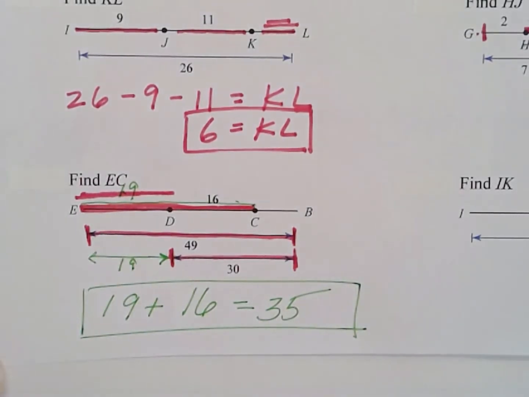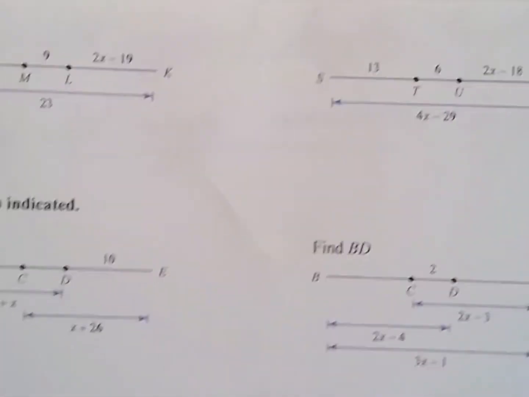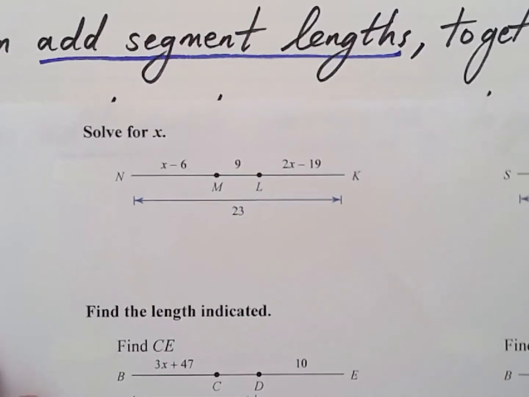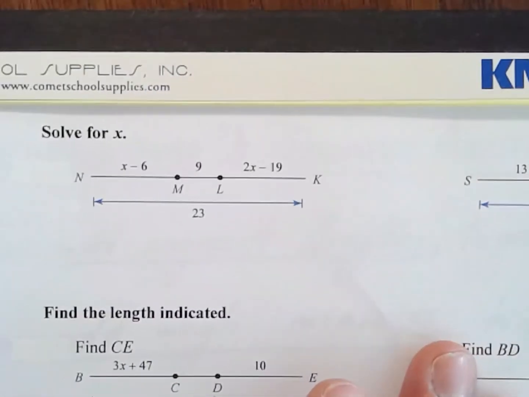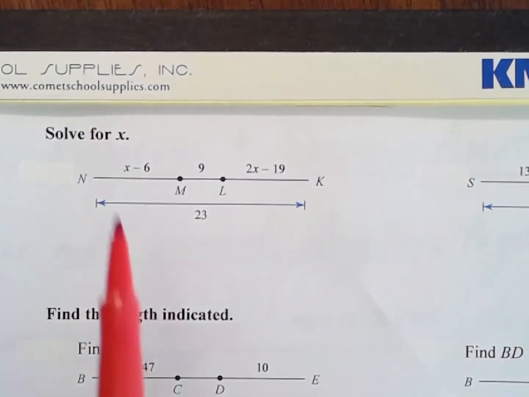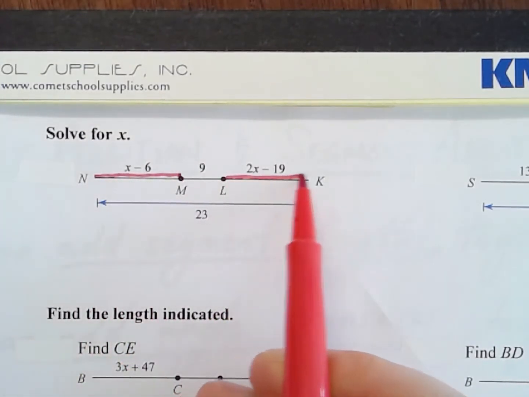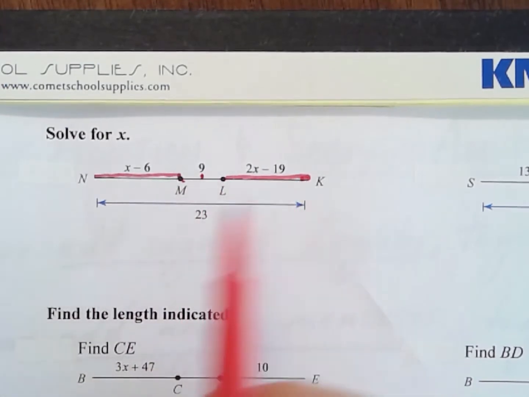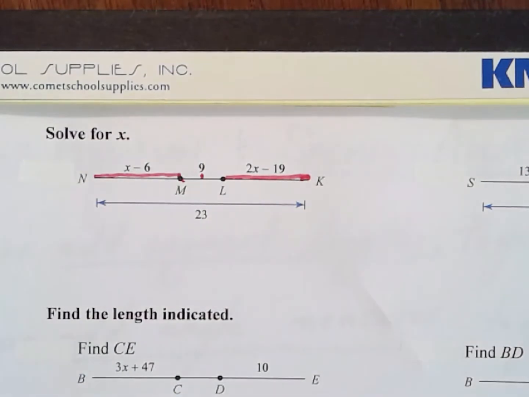Okay. So let's move on to some more complicated examples here. I think you're getting the hang of this. Let's look at this one right here. So I want to solve for x, and x is involved in this piece and this piece. And I know that this piece plus 9 plus this piece, the whole thing is 23. So really, all I need to do is just set up an equation, right?